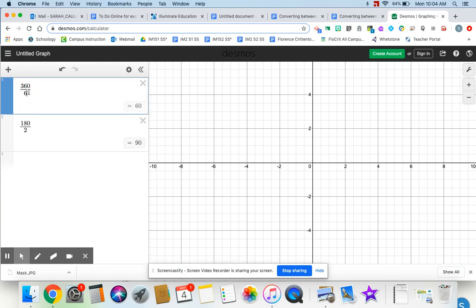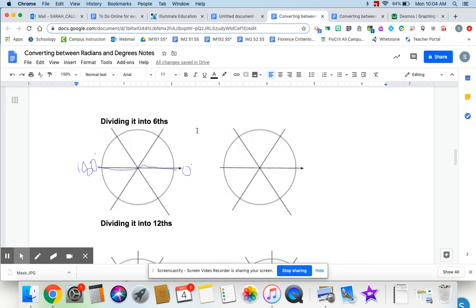So when I do divided by 6, it's 60 degrees each. Oh, wait, I think I saw it. Oh, well. So this is 60 because we just realized that dividing it in 1, 2, 3, 4, 5, 6 pieces, each one is 60. 60 more makes this 120. 60 more is 180. 60 more is 240.